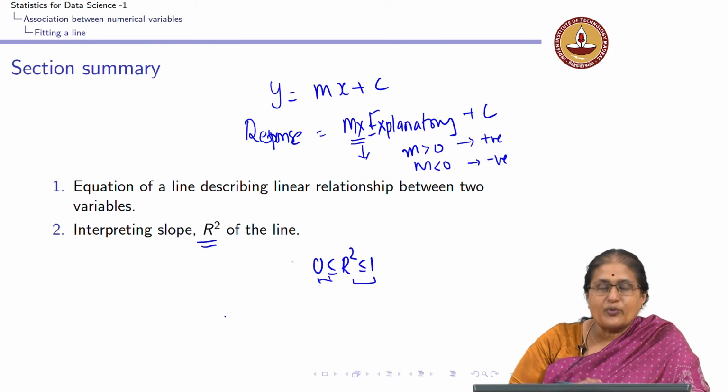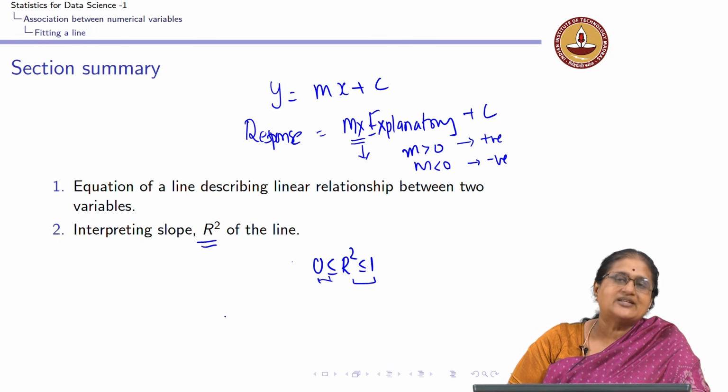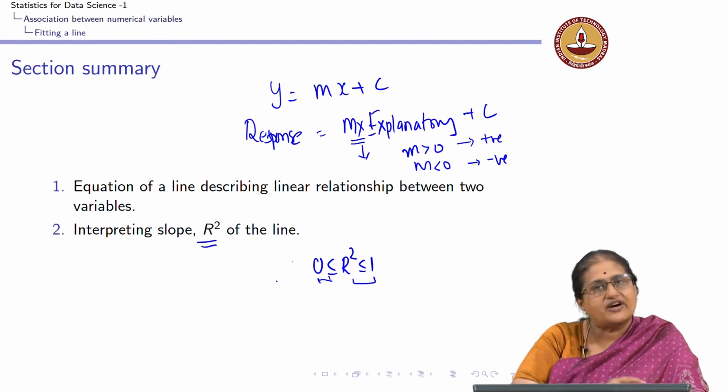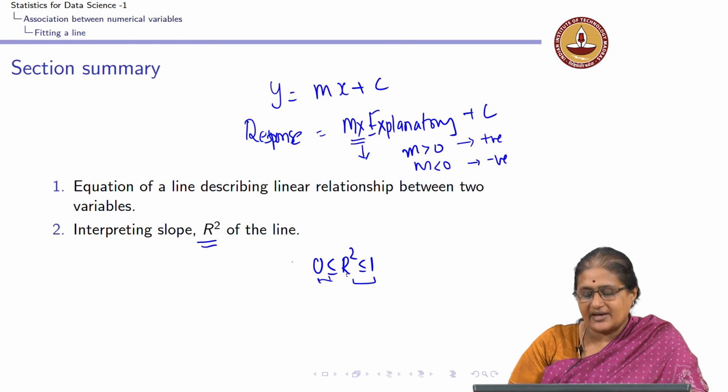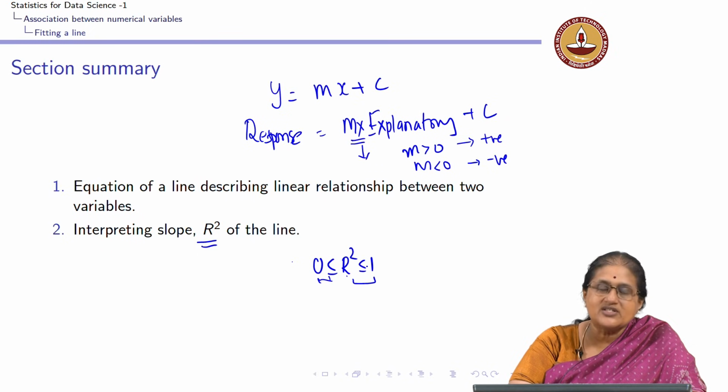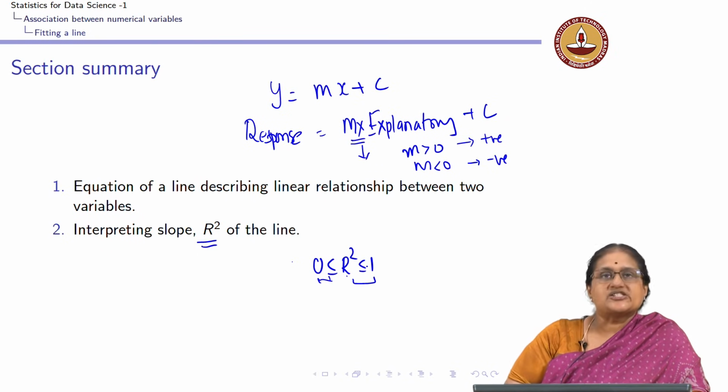So, the proportion of variability in my data set that is captured by this line is very low if R square is closer to 0, and it is pretty high if the R square is equal to 1. So, with this we actually have seen the following.